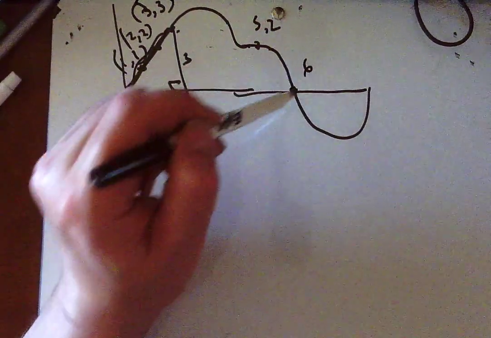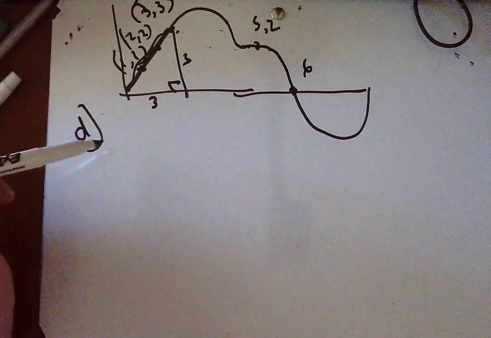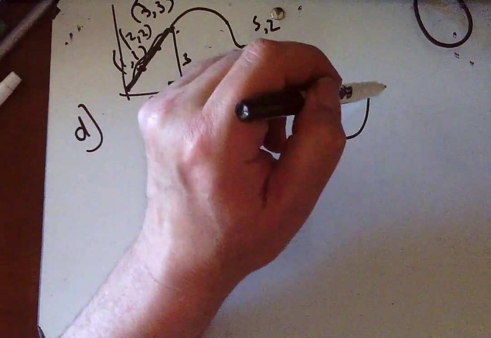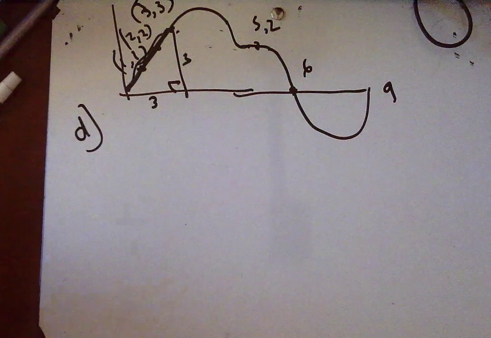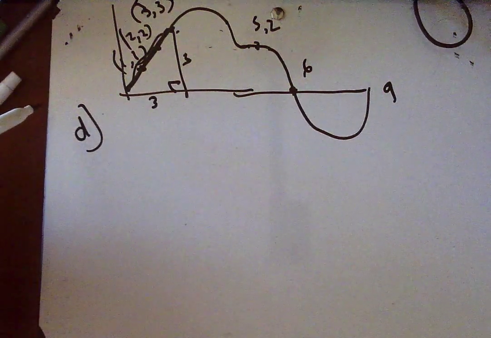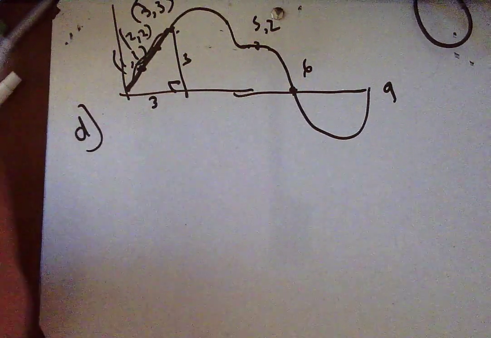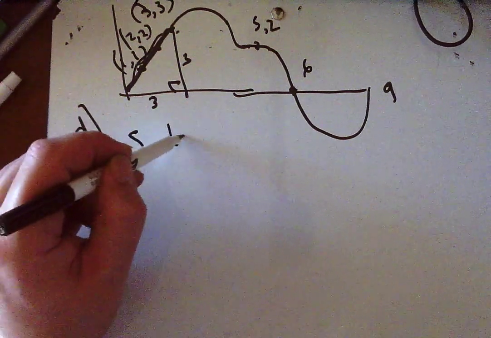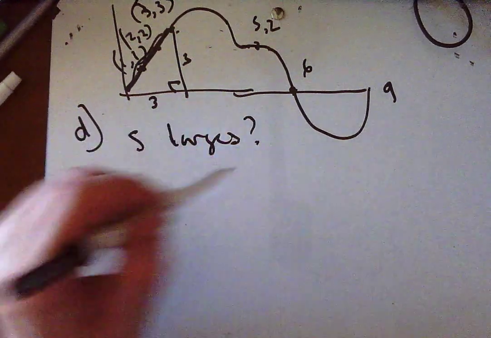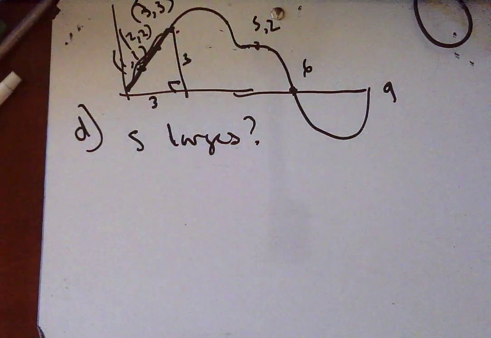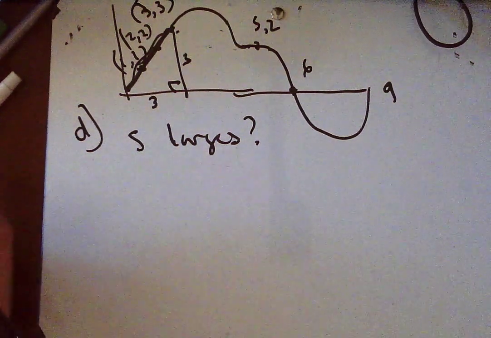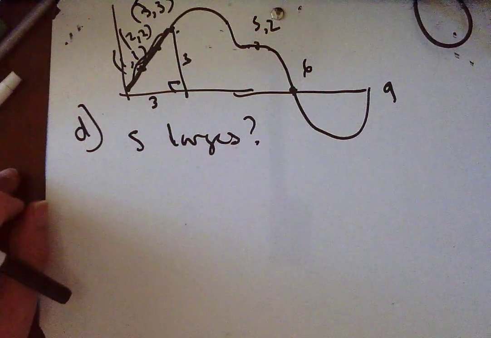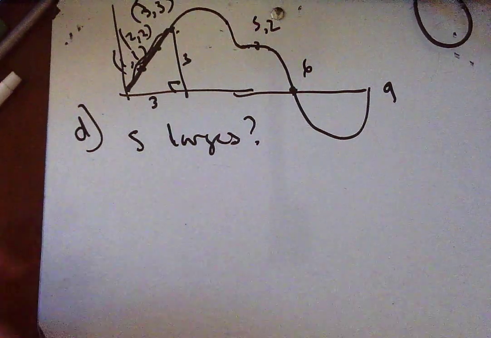Okay, so let's take a look at D. D says, at what time during the first 9 seconds, I'm going to call that 9, does S have the largest value? Well, isn't that interesting? So let's think about this a couple of ways.